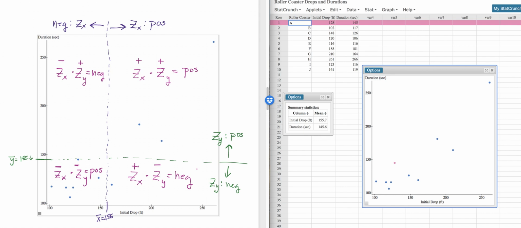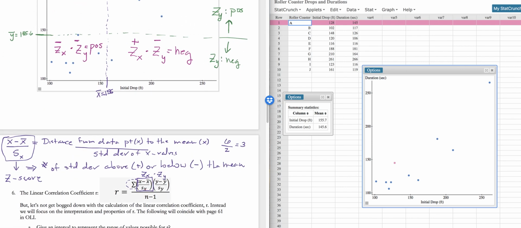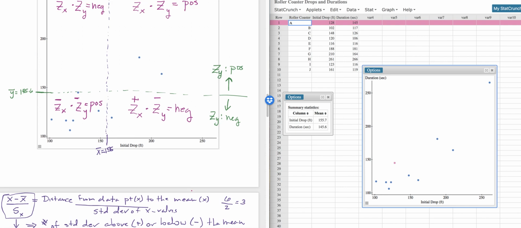So what I'm trying to get across to you here is, when is that R value going to come out positive? When is that R value going to come up negative? Okay, so let's look back down here for just a minute. So we find all these products for each ordered pair, the product of its z-scores, we add them up. Certainly n-1 is always going to be positive, so that's not really going to come into play when we're looking at sign.